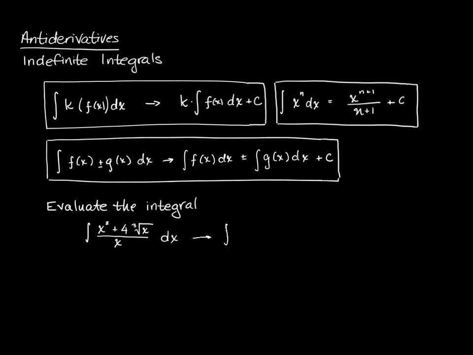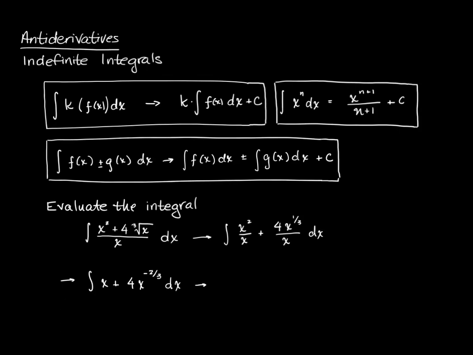If I change this integrand to x squared over x plus 4 times x to the 1/3 over x dx, and then simplify, I get the integral of x plus 4x to the negative 2/3 as my integrand. And that's a lot easier to integrate.